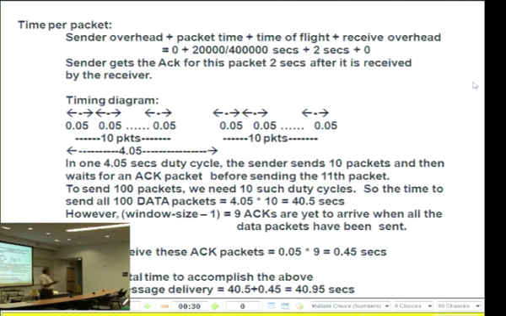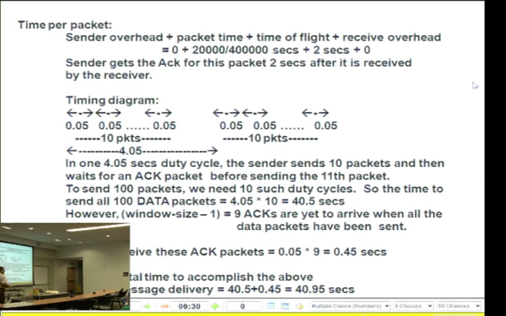And I have to repeat this 10 times, because 100 packets need to be sent, right? So in one 4.05 seconds, you can send 10 packets and wait for the ACK for the packets. And so to send 100 packets, we need 10 such duty cycles, right? And so the total time to send all the 100 packets is 40.5 seconds, 10 times this, right?